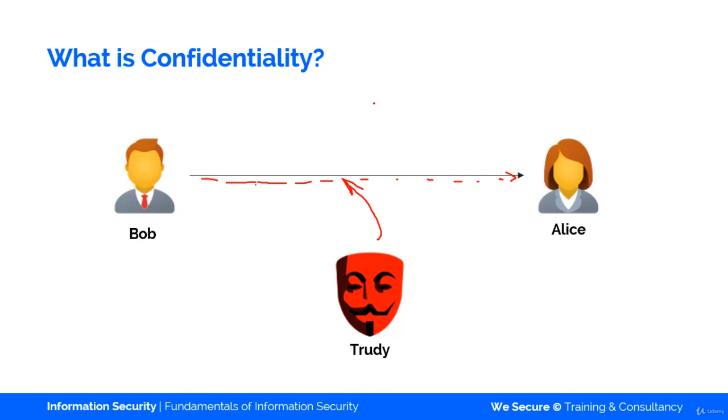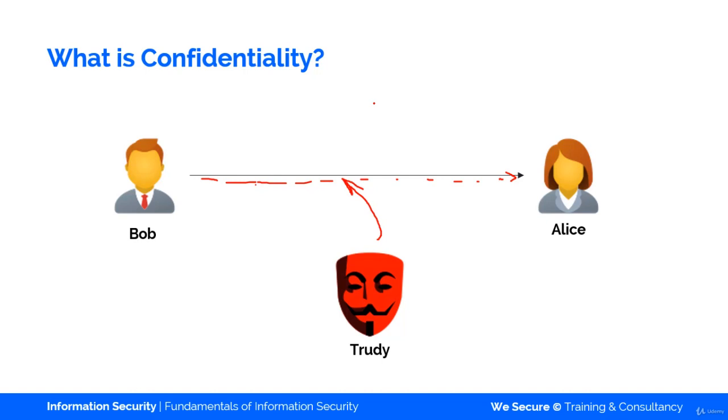In this case, people often employ techniques like encryption and decryption and public or private key cryptography in order to restrict anyone from accessing the data. For example, if Bob is trying to send a bank account number, and if that data is encrypted with a strong encryption algorithm like AES or DES, which we are going to see in the next sections, and if that data is being sent, then Trudy has no chance of reading that data.